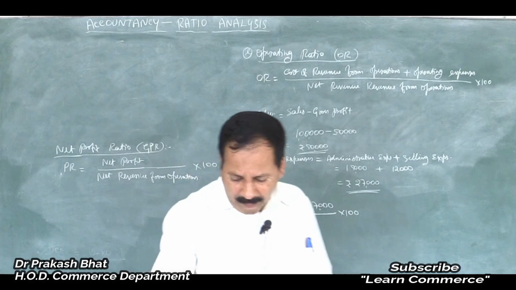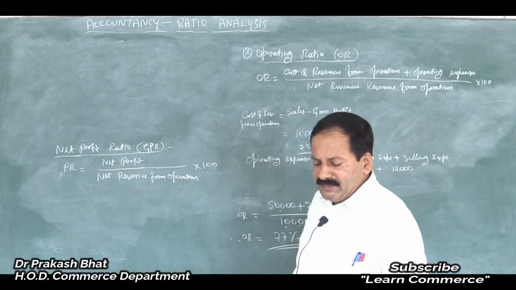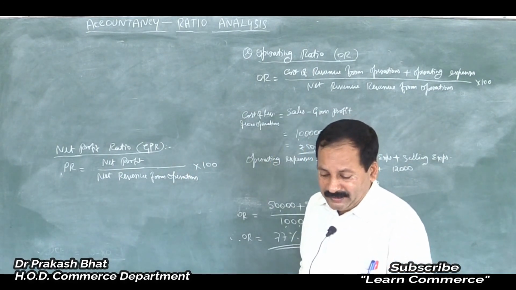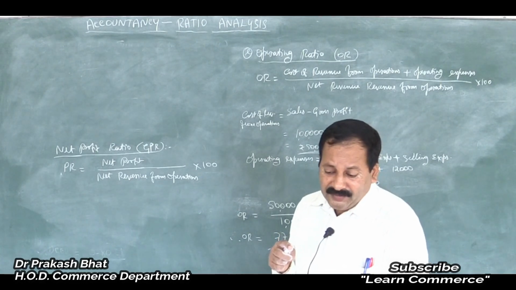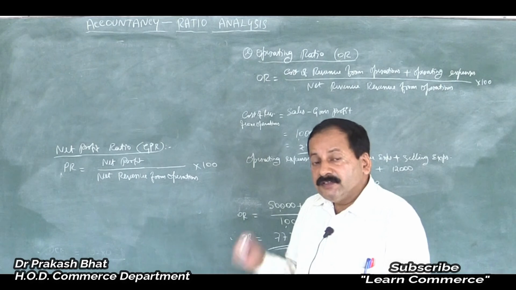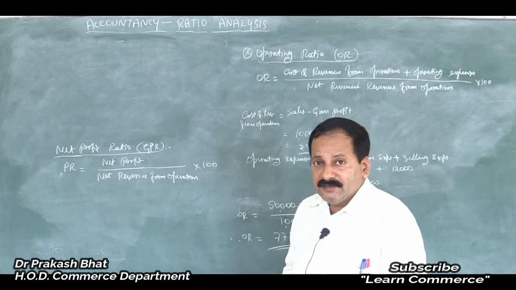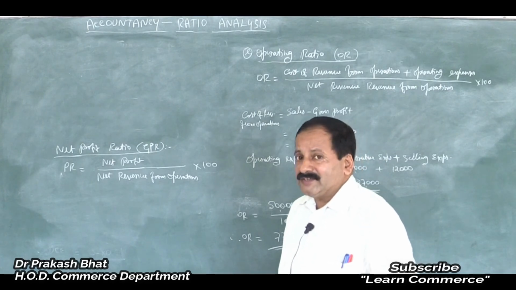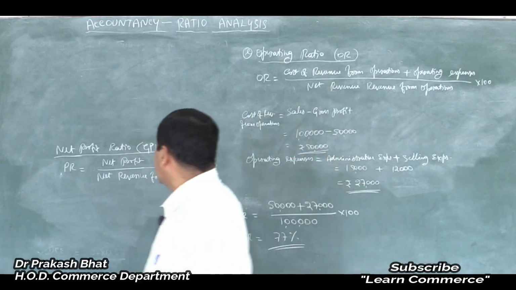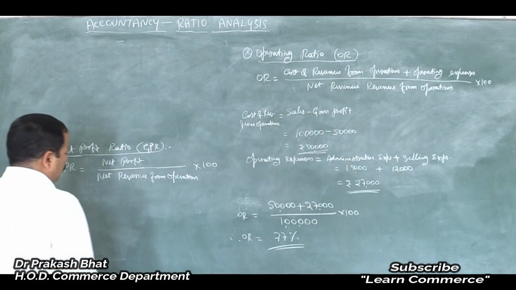That is the formula. Net profit is there in the problem. Then net revenue from operations means sales minus returns. It is given in the problem. There are no sales returns. So whatever sales amount is given itself is net revenue from operations.